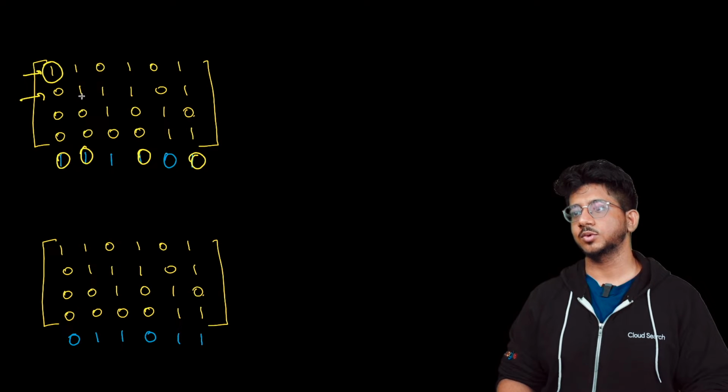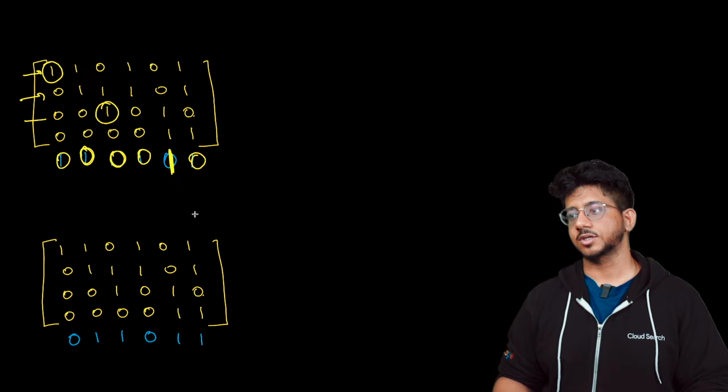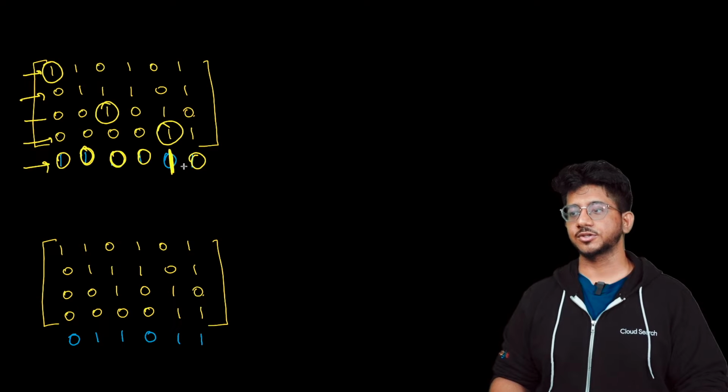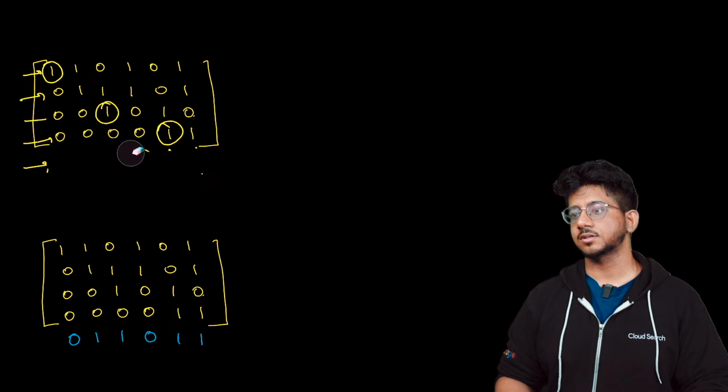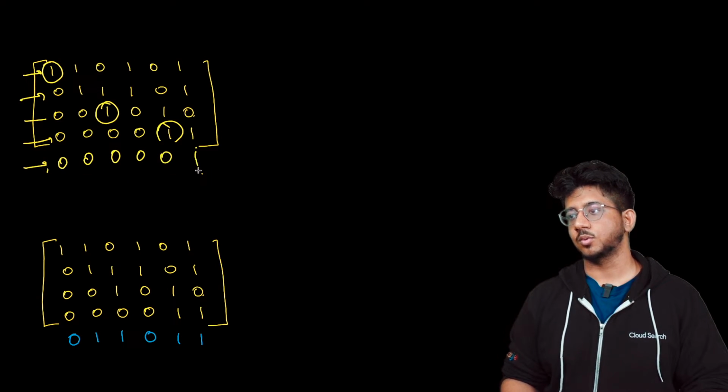Then you come over here, this is already 0, you come over here, you use this one to reduce this, so this becomes 0, this becomes 1, this remains 0. You come again at this row, which you can use to reduce, and then this becomes 0, this becomes 1. Okay, so finally this becomes 0 0 0 0 0 1.